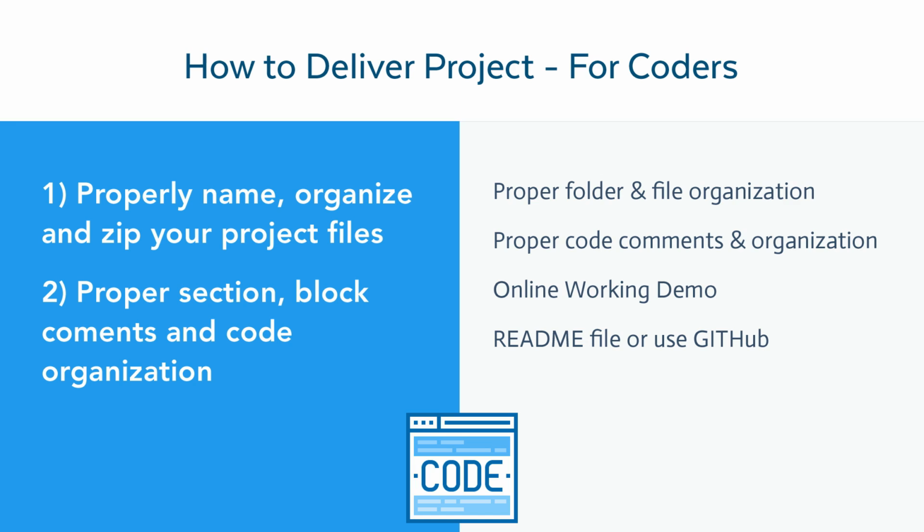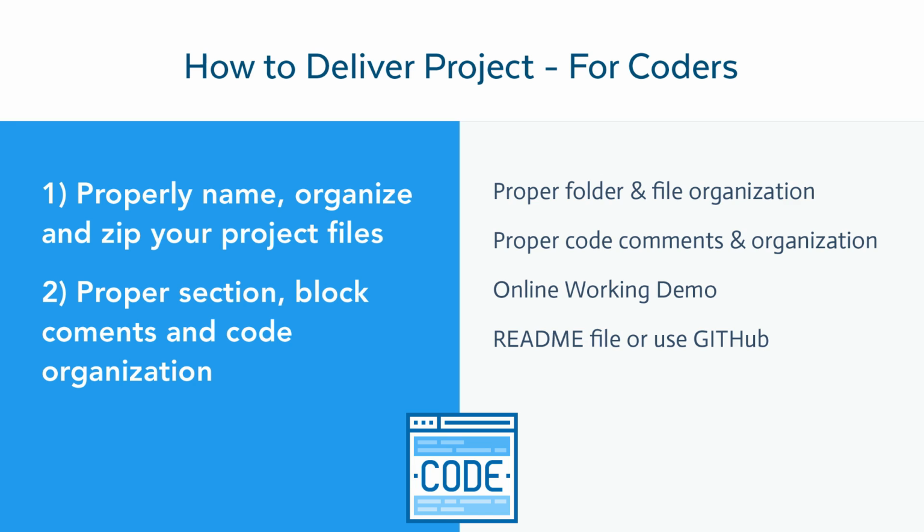If you have a very long CSS file, separate it into different sections like header CSS, footer CSS, body CSS, or section 1 CSS, section 2 CSS. This can really impact your professionalism in your developer career or even your freelance career.